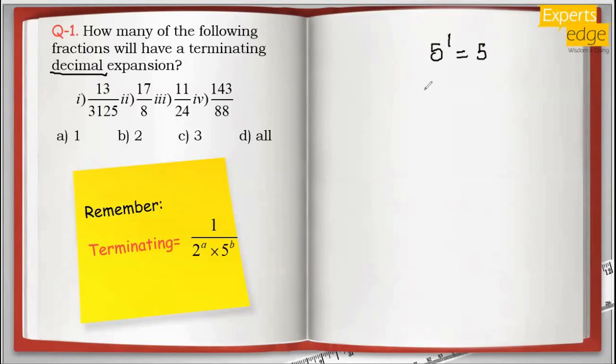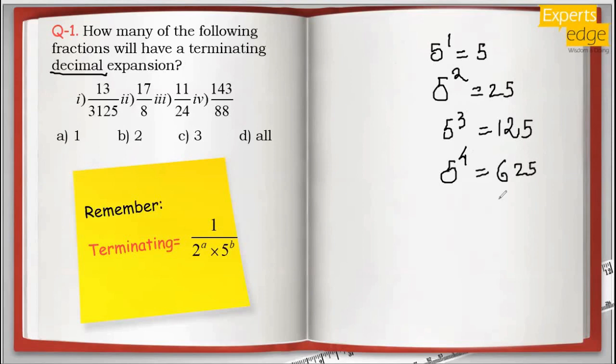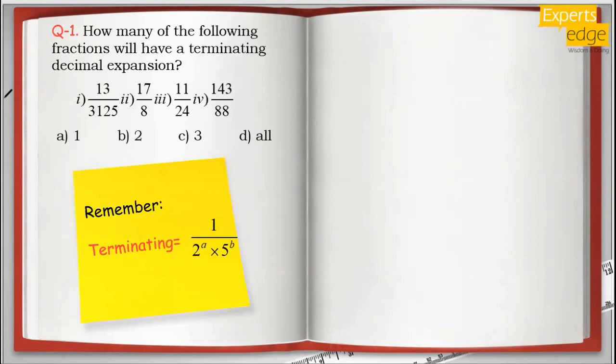These are very useful things, you should know them. 5 to the power 2 is 25. 5 cube is 125. 5 to the power 4, that is 25 square, is 625. 5 to the power 5 is 3125, and 5 to the power 6, at least learn till this much, is 15,625.